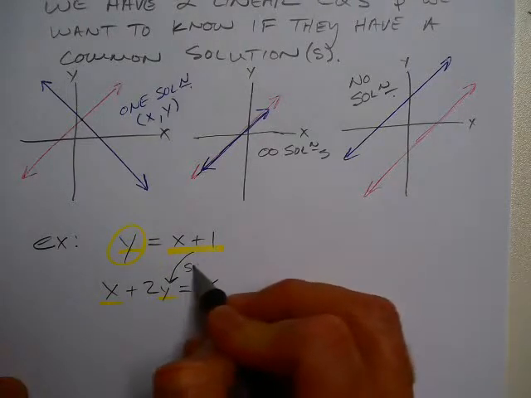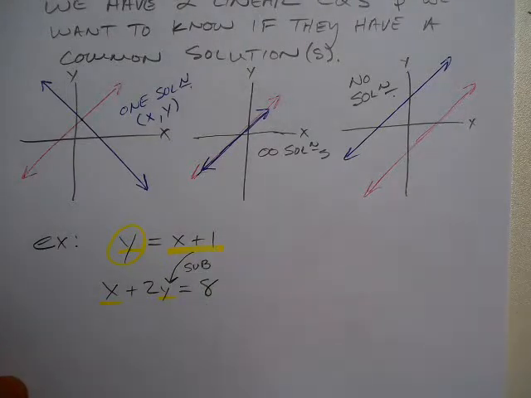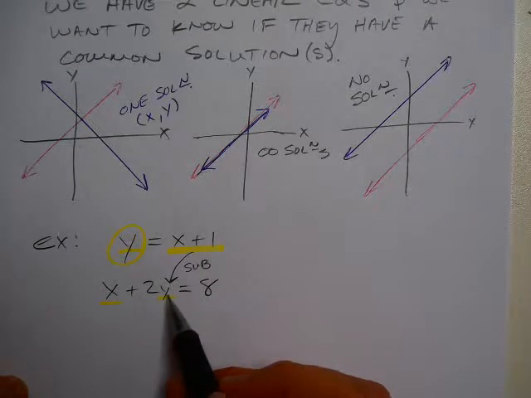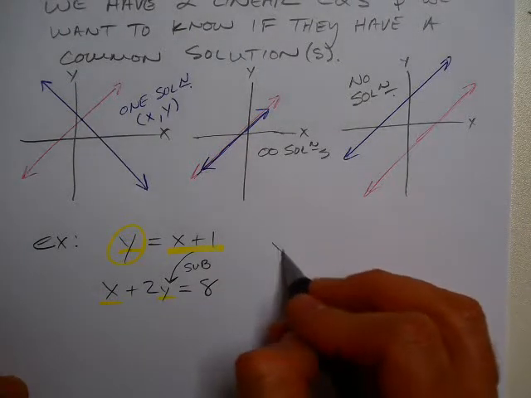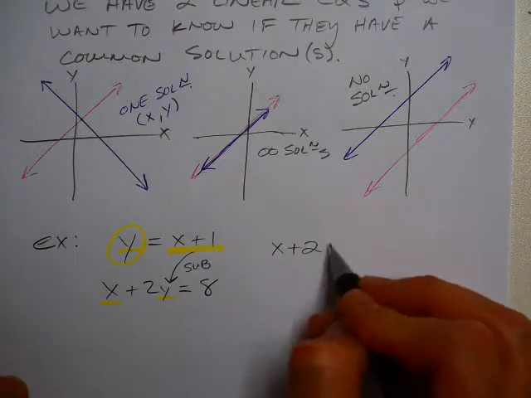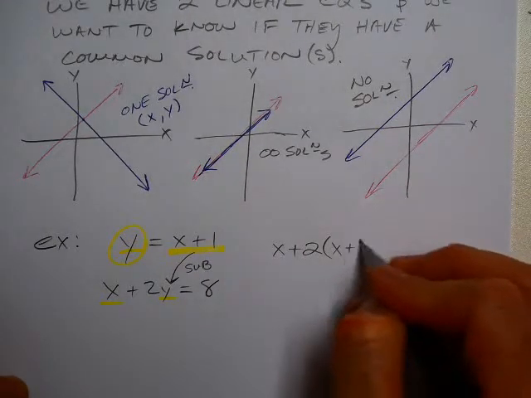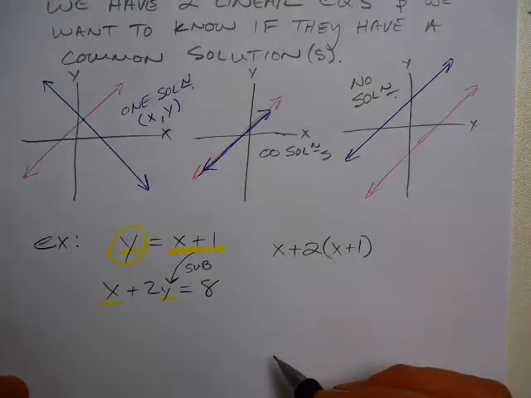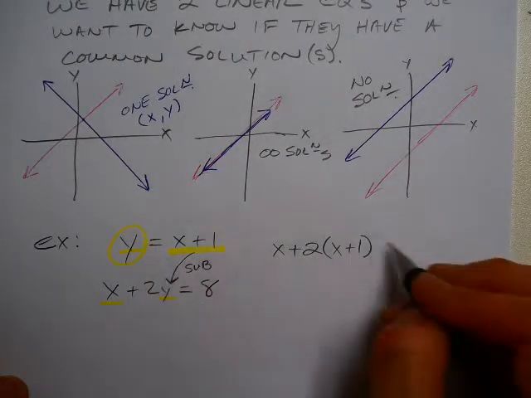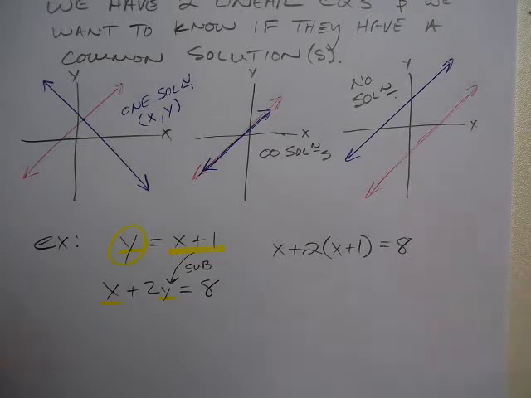I can substitute it. It becomes like a substitute teacher for this y here. And that's a good thing because then I can say x plus 2 times x plus 1. So I'm replacing the y with an equivalent, and now I have an equation where I just have x's. And if I just have x's, then I can solve it.